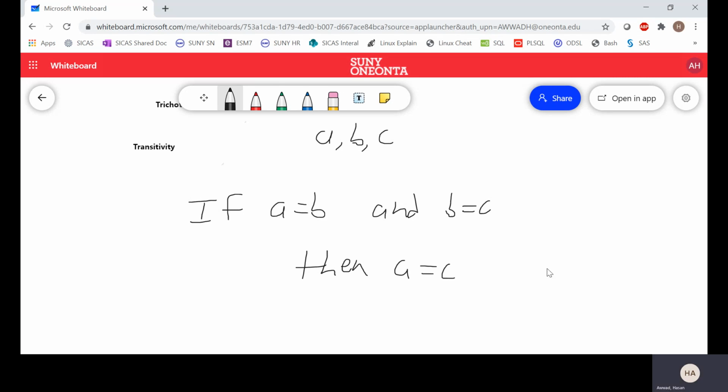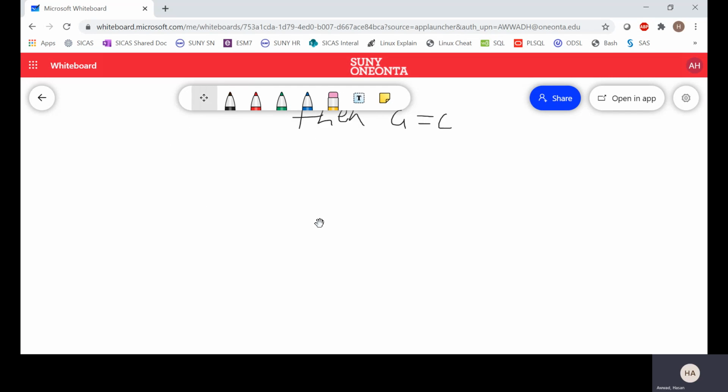So what does a visual representation of this look like? Well, again, if we don't necessarily know what the number is, let's just pick one at random, right? Let's say A is equal to 4, for example. So I'm just going to scroll down here. Let A equal 4. Okay, so we know from above, if A is equal to B and B is equal to C, then A should be equal to C, right?